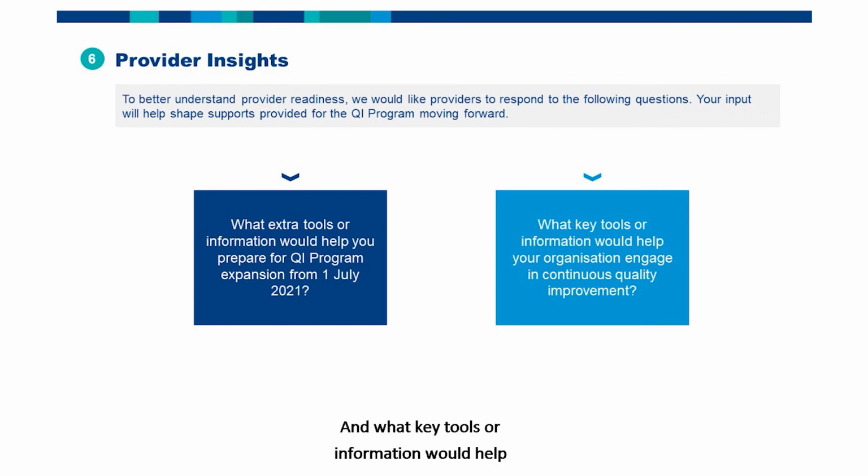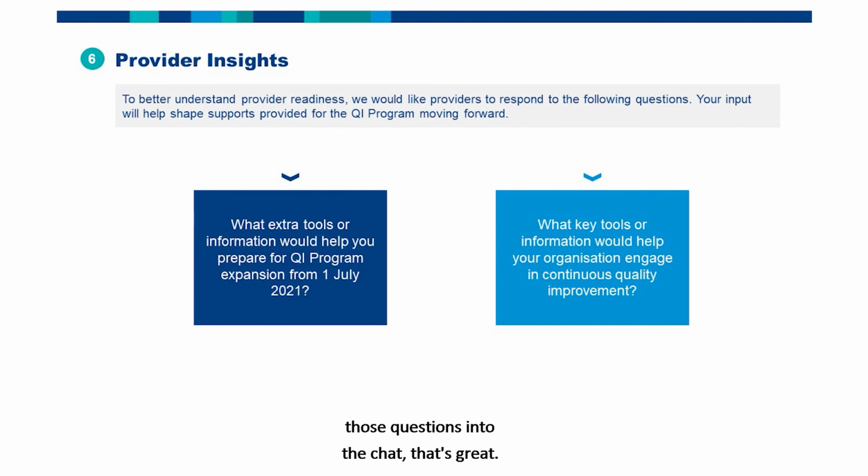And what key tools or information would help your organisation engage in continuous quality improvement? Just answer these as you have been sending your questions through during the session via the blue Ask a Question button or blue hand icon. Pop your responses into the chat, and we'll leave 5 minutes for that. Thanks very much for popping your responses to those questions into the chat.